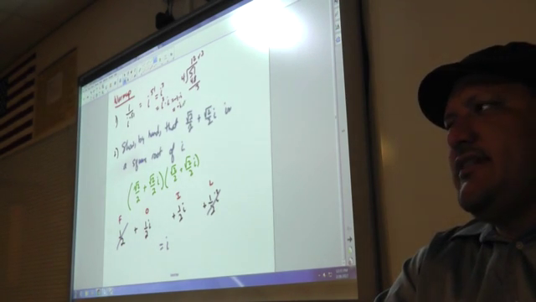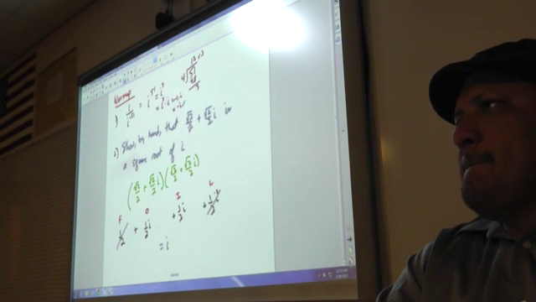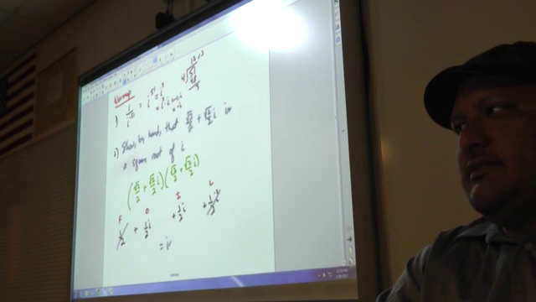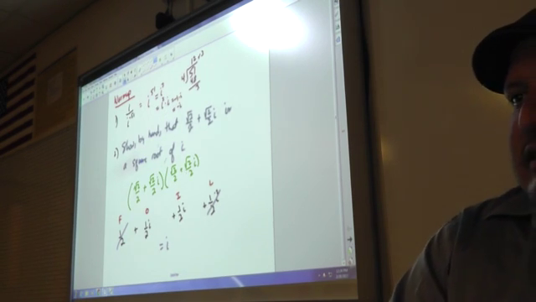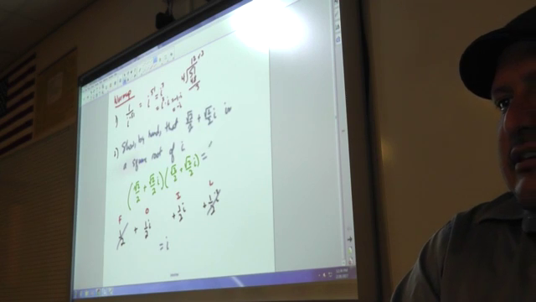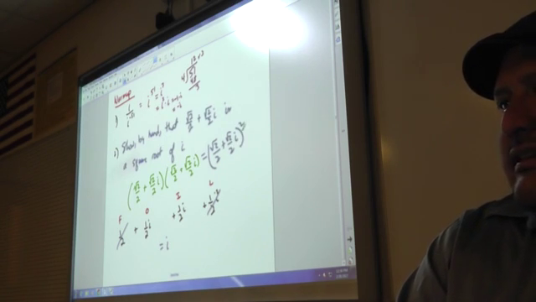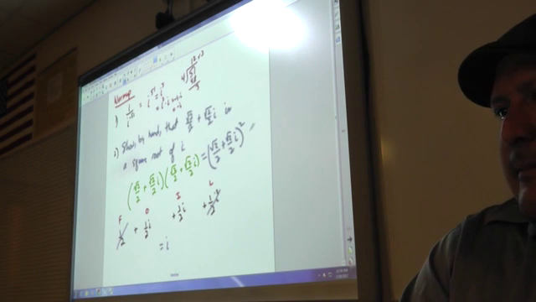So why negative i? Okay. How is the second one the square root of i? Well, if I square this, would you agree that this is equal to square root of 2 over 2 plus square root of 2 over 2 i, squared? Isn't this, we just worked it out, equal to i?